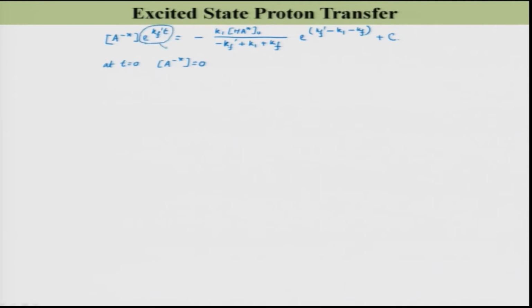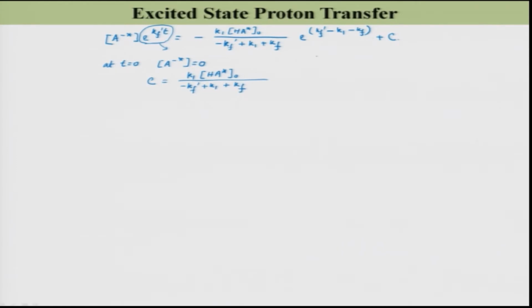Then the equation you will get for C is just this one with the positive sign: K1 HA star 0 divided by minus Kf prime plus K1 plus Kf.